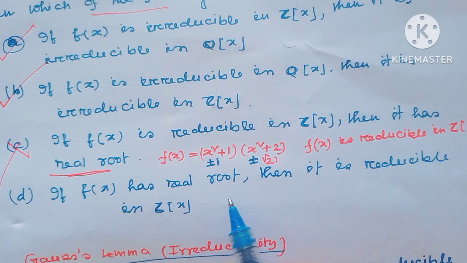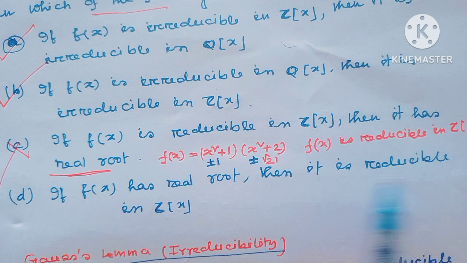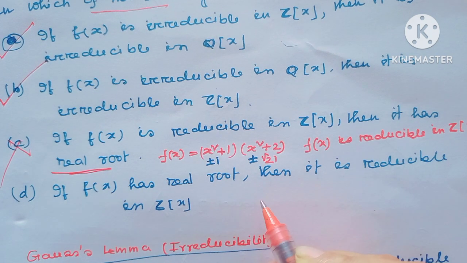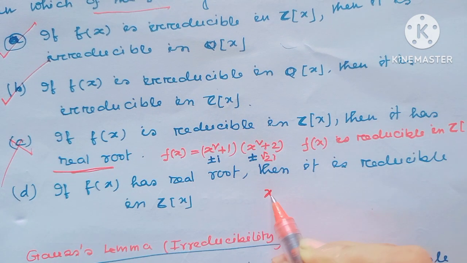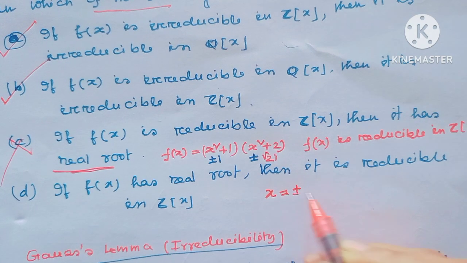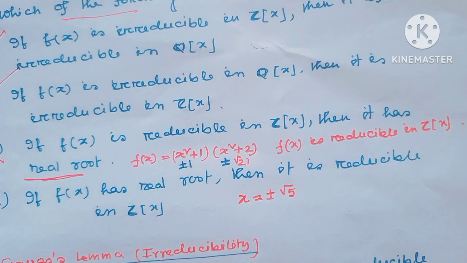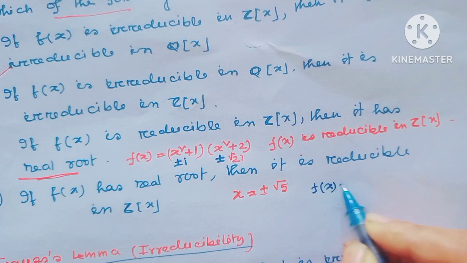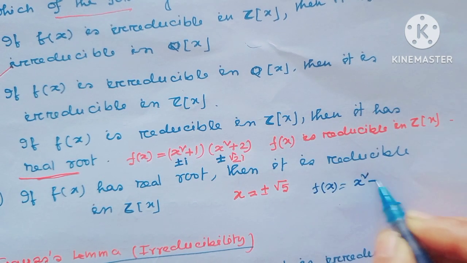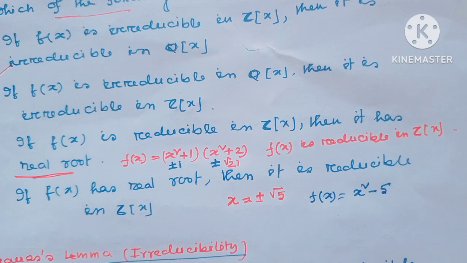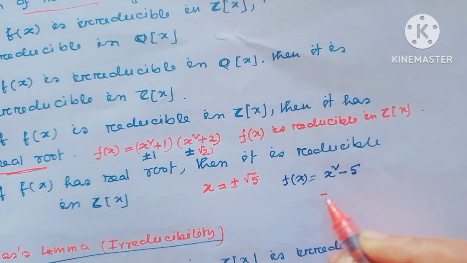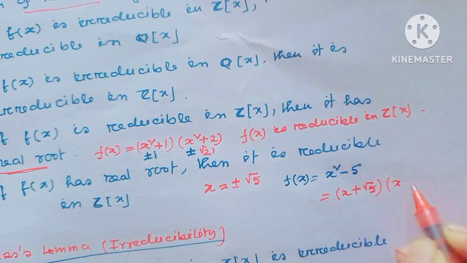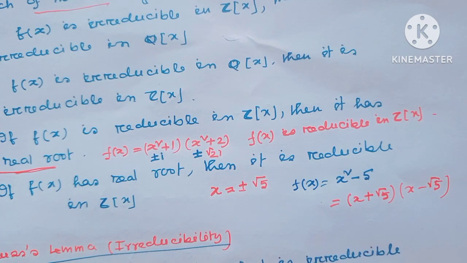For option D, if f(x) has a real root, then it is reducible in Z[x]. For this, consider a polynomial whose roots are plus or minus square root of 5. Then f(x) equals x squared minus 5. That means we can write this polynomial as x plus square root of 5 times x minus square root of 5.